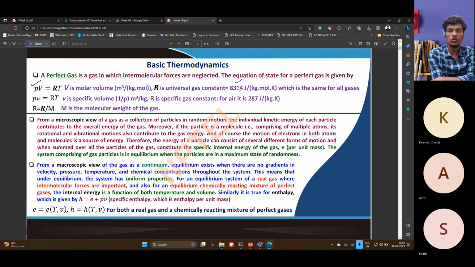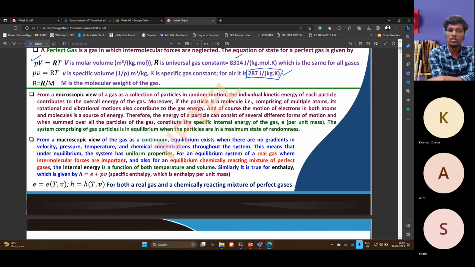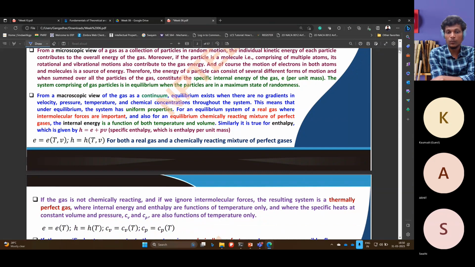The universal gas constant we use mostly for all our problem solving sessions on the theoretical aspects of these high speed flows, and the specific gas constant also. These two are related to our entire discussions. We are using them as constants for learning this chapter.